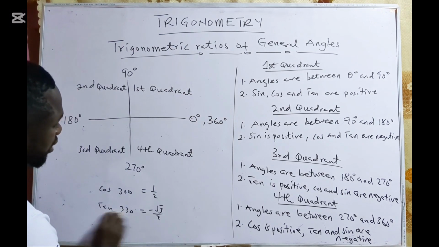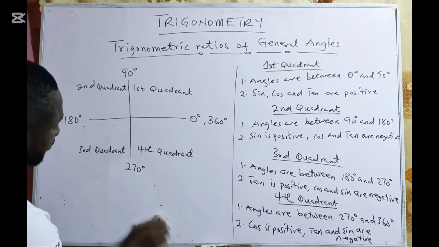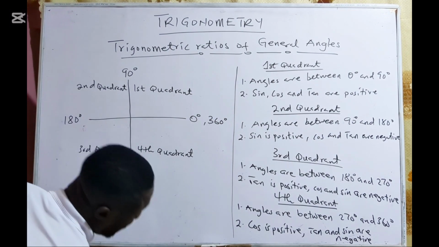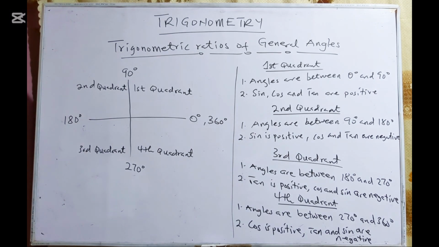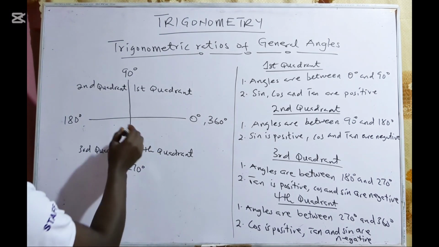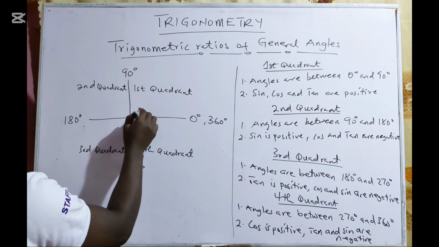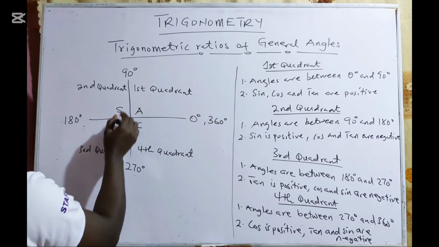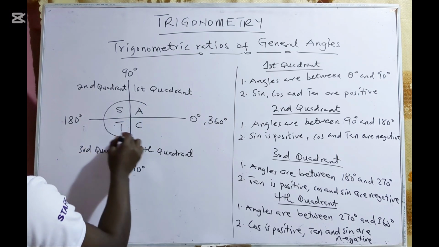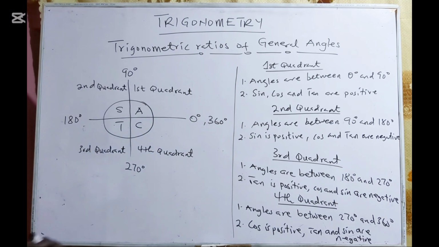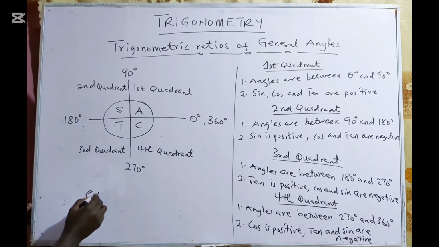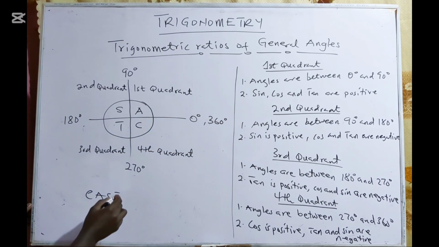Alright, so that is what happens in the fourth quadrant. So in short, okay, we have an abbreviation here. It says C, cos is positive, A, all are positive, S and T. We call it CAST, C-A-S-T.